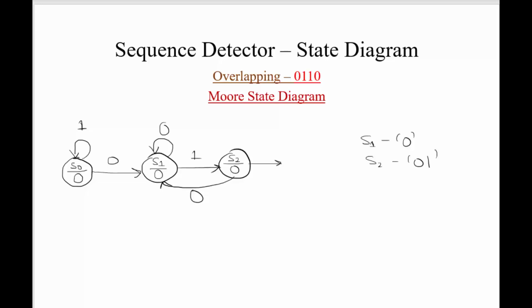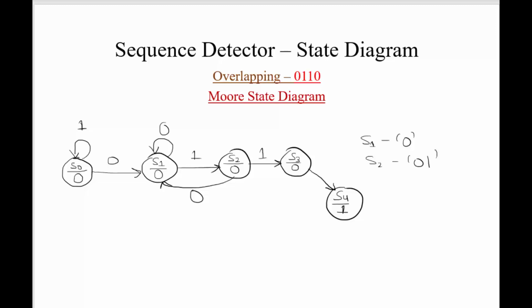If 1 occurs, well and good, we go to another state S3. We'll keep our output low because the desired sequence has not been fully received yet. So on S3, if x is 0, then of course our desired sequence will be achieved, and because this is a Moore type state diagram, to make the output high we'll have to create another state, which we call S4, let's say, and here we can make our output high.